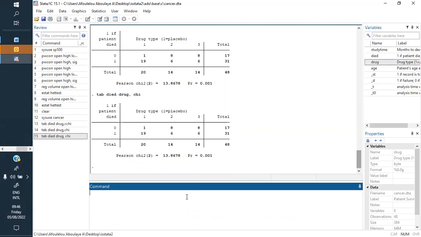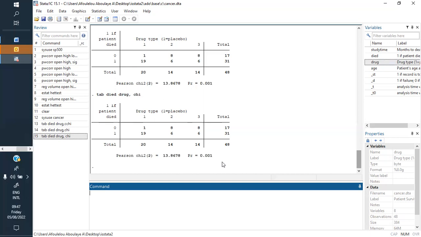The H0 or null hypothesis is saying that there is no relationship between the fact to take drugs and dying. And now we can reject or accept this one according to the value of p-value. And the value of p-value here, as we can see, is 0.001, which is less than 5%. We have to remind that the 5% is 0.05.